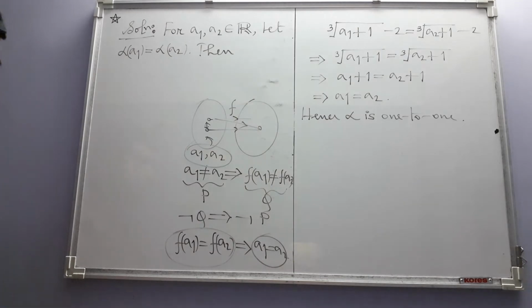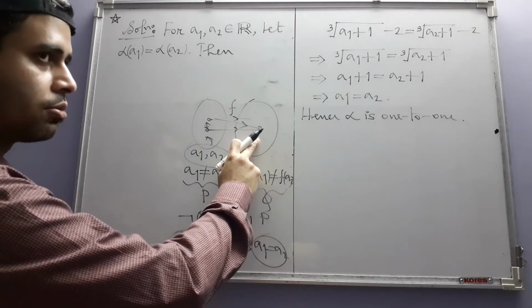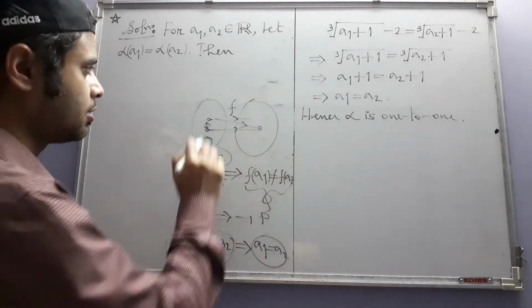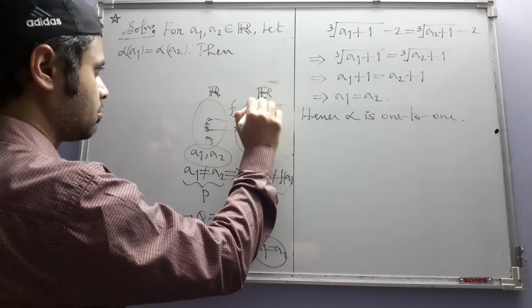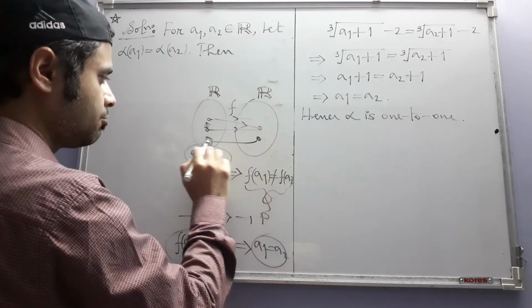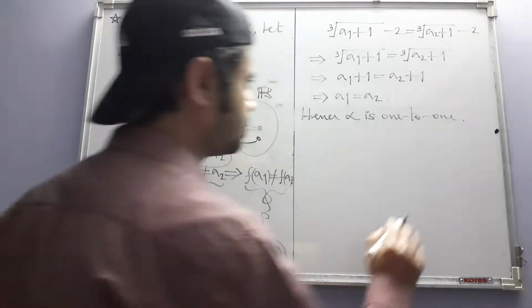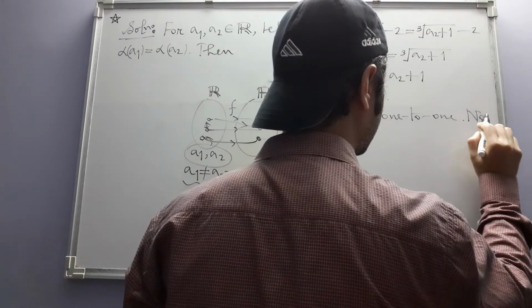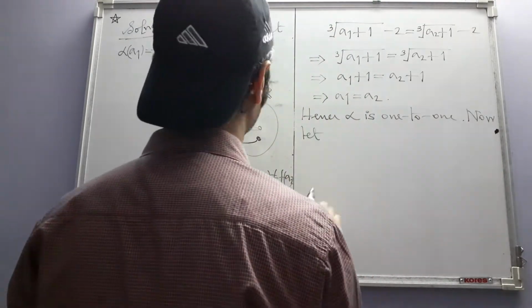Okay, now what about ontoness? For ontoness, you take any element in the second set, in the codomain, which for us is again R. Show that it is the output for some input. That some input we have to find. Now so what can we take?